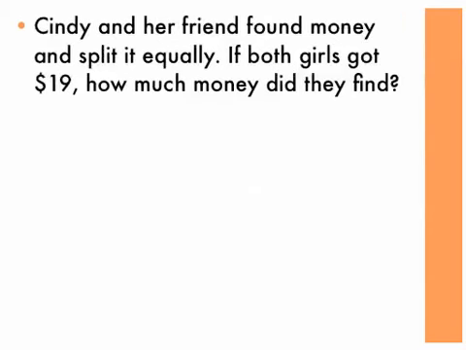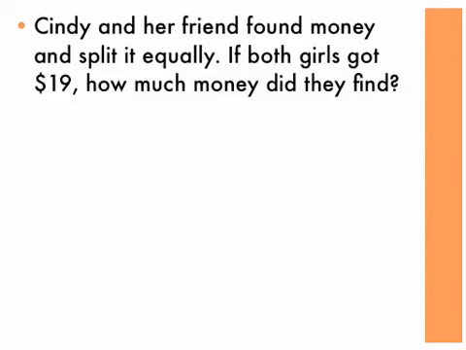The next example says, Cindy and her friend found some money and split it equally. If both girls got $19, how much money did they find? We do not know the original amount of money that they found, but I know that they split it equally, which means whatever they found was divided by 2.